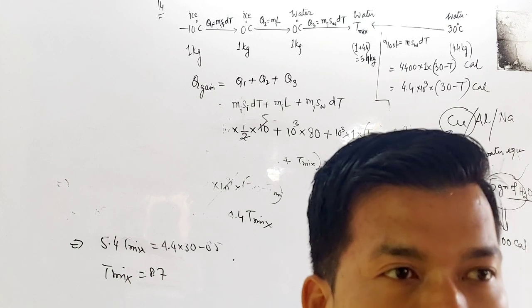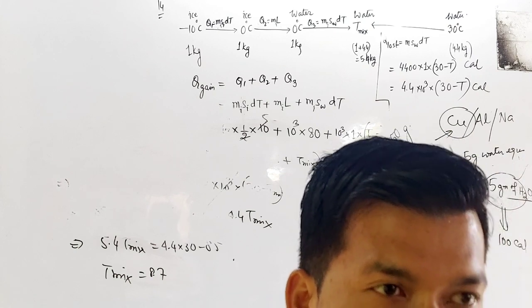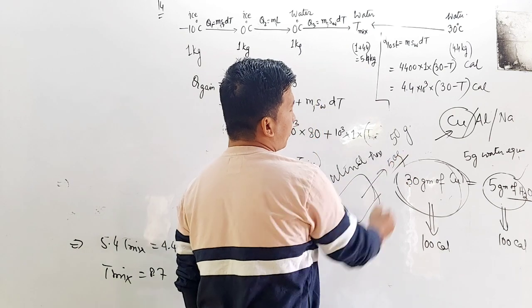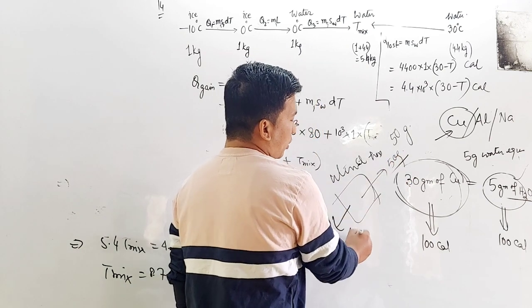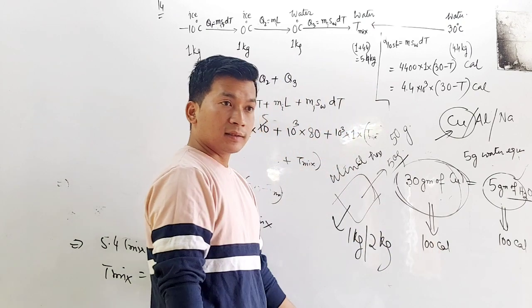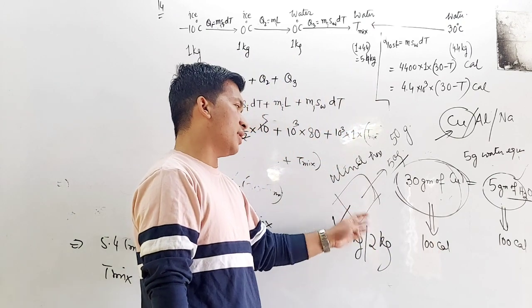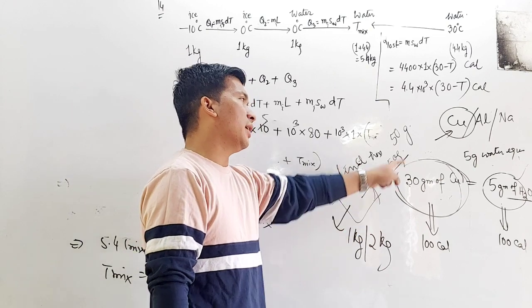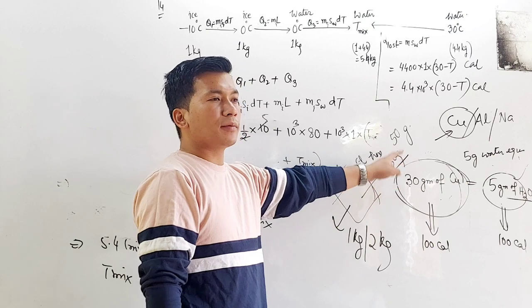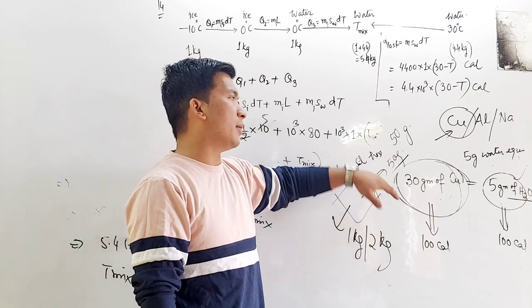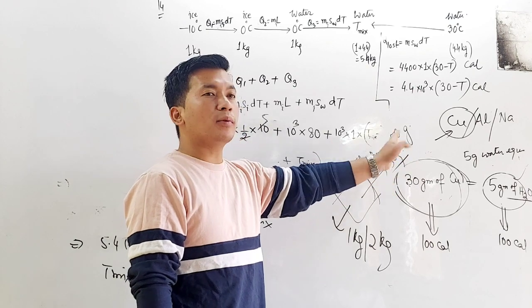The actual mass of the utensil may be 1 kg or 2 kg, more or less, but it doesn't matter. We simply take the water equivalent; the utensil can be replaced by 50 gram of water in terms of heat content.